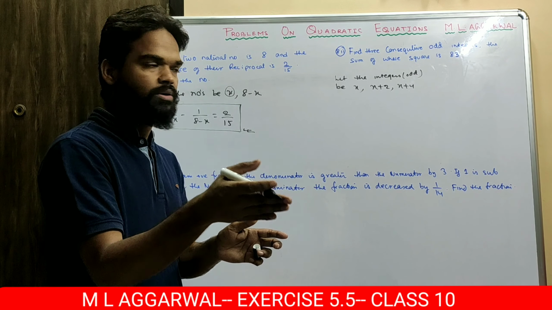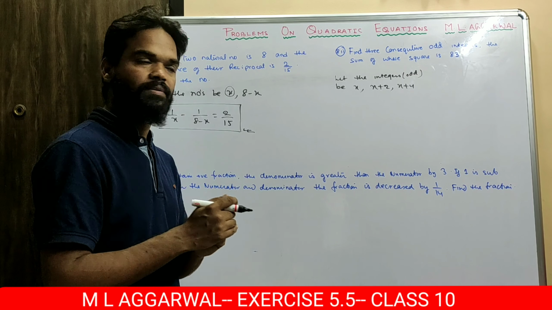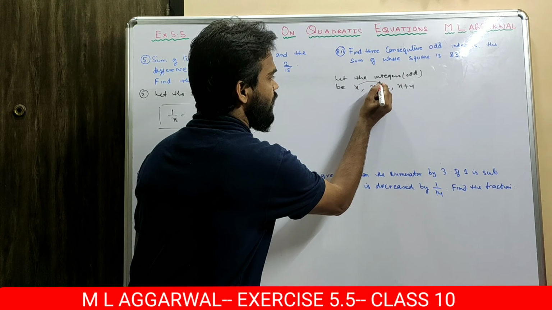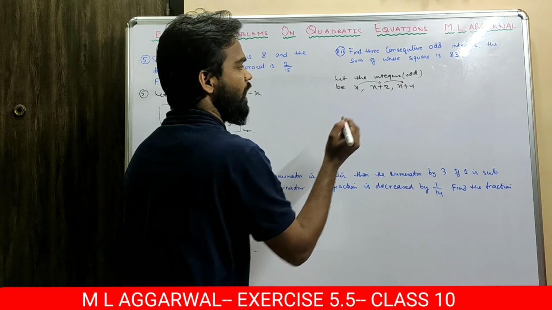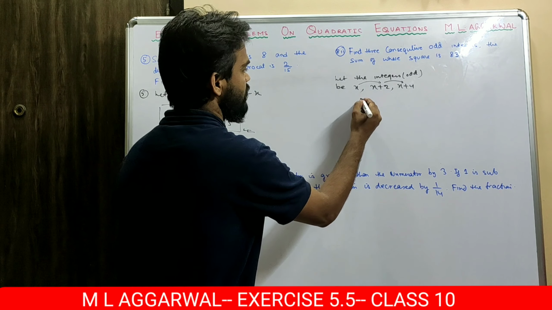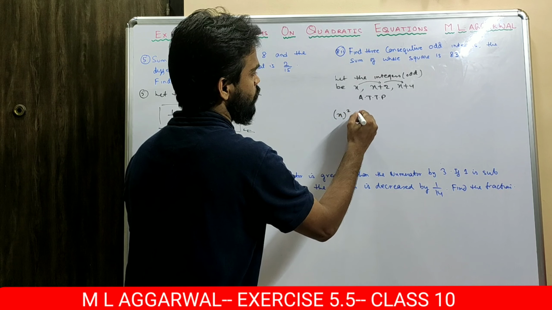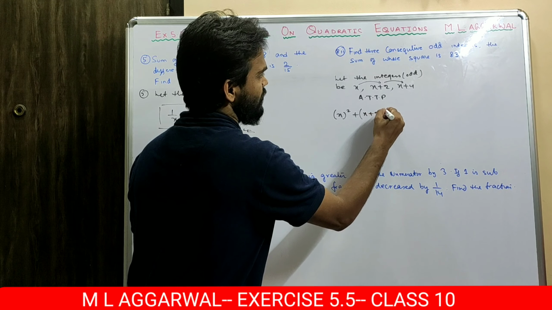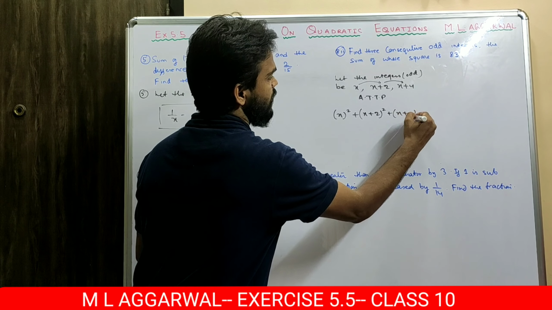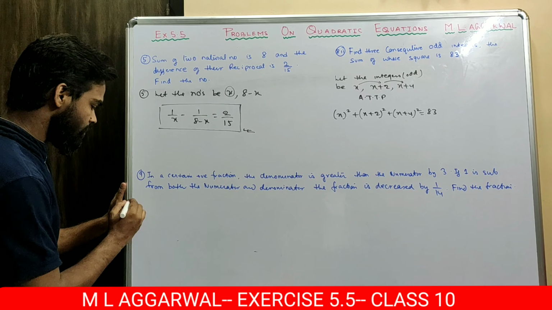So 3 plus 2 gives you 5. Then 5 plus 2 again gives you 7. So from here to here I added 2. From here to here again I added 2. Now look at the given condition. The sum of whose squares means, according to the problem, when you square them and add them, you get 83. Done. Okay.